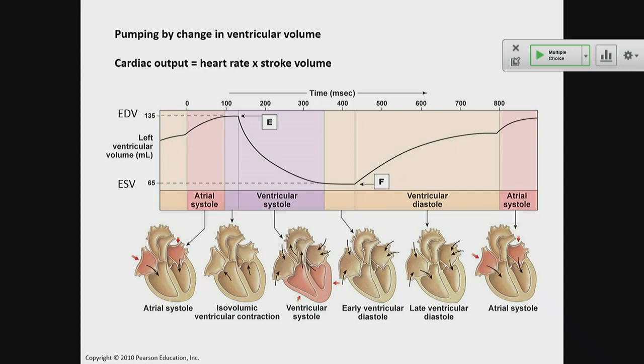If your heart beats at 60 beats per minute, that's 1 beat per second, so 1 beat is 1 second long. The atrial systole takes up a very short fraction of that, about 1/10, about 100 milliseconds. The ventricular systole takes up about 250 milliseconds or so. And then the remainder is the phase when the muscle relaxes.